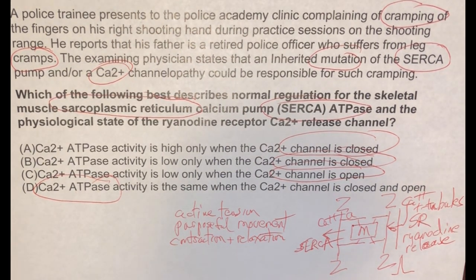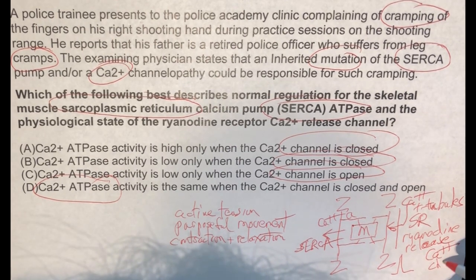Of course, first we have to have depolarization of the sarcolemma, that is the plasma membrane. Then it gets transferred to the T-tubules, and that releases the sarcoplasmic calcium through the ryanodine release channel. It's just a plain old voltage-gated calcium channel.